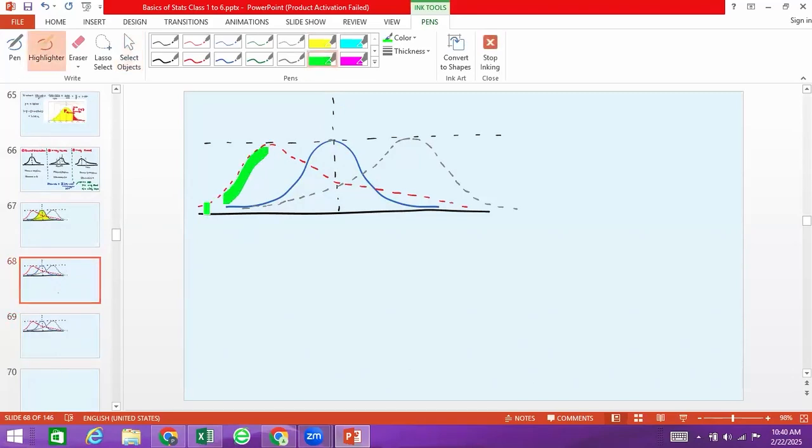Then this one, is it positive skewed or negatively skewed? Positive, right? Because more data is distributed on the positive side.